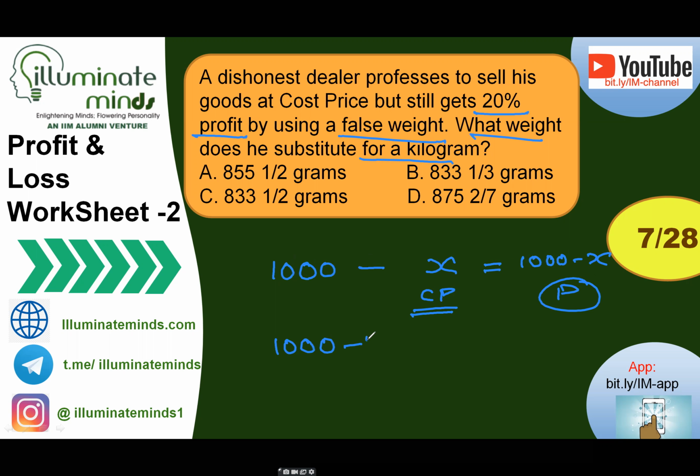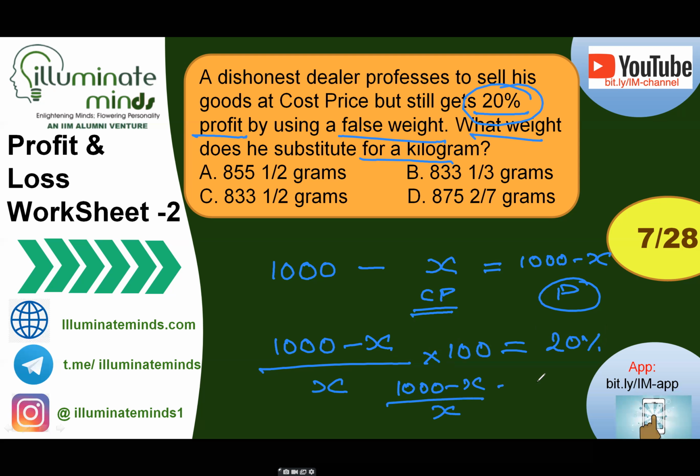So this is my profit, 1000 minus X divided by cost price, which is X, into 100, is equal to 20% profit. 1000 minus X upon X is equal to 1 by 5.